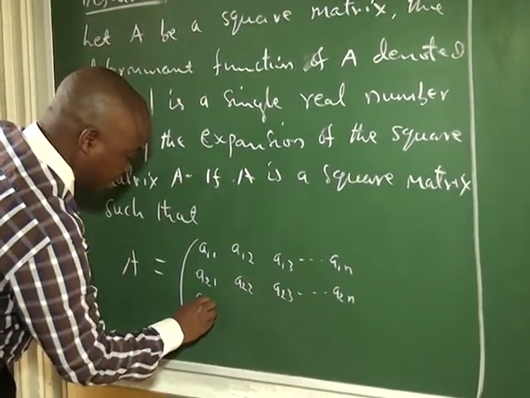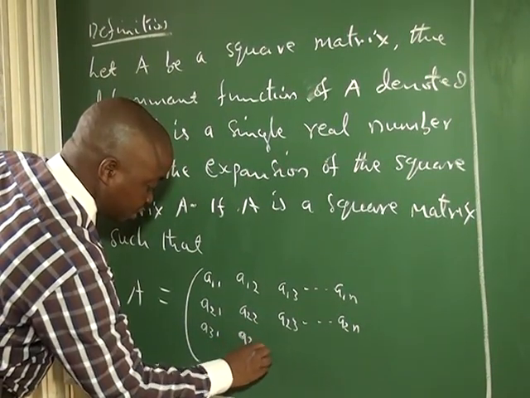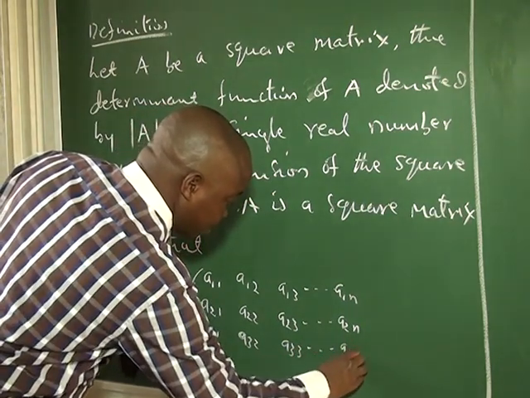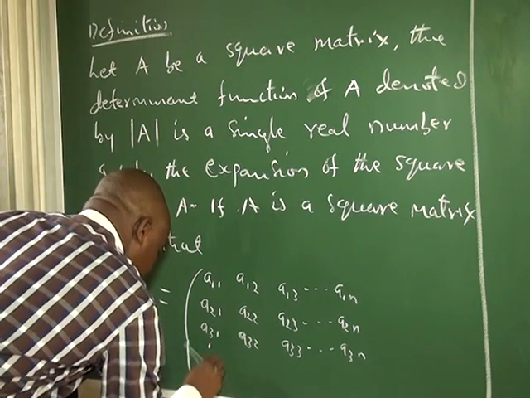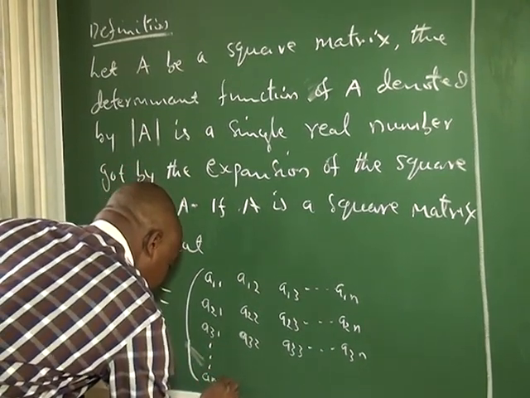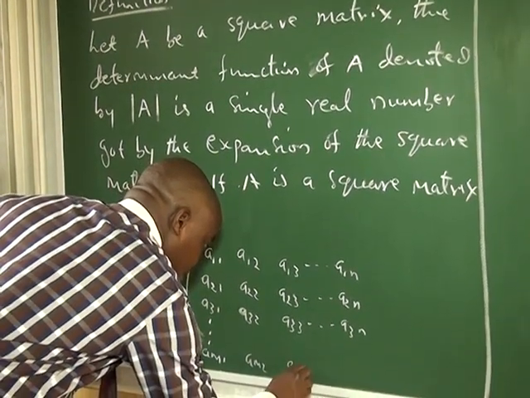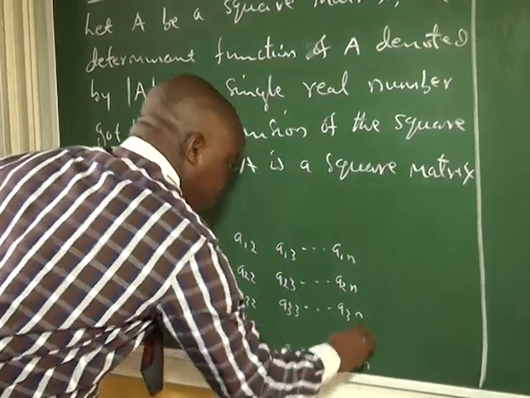Then we have A31, A32, A33 to A3n up to Am1, Am2, Am3 till we have Amn.